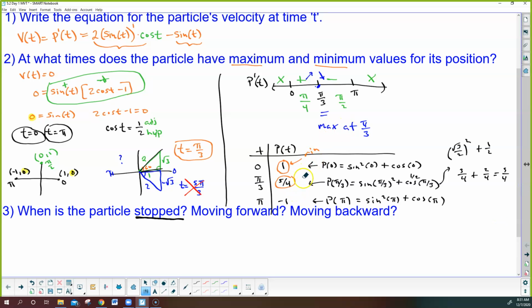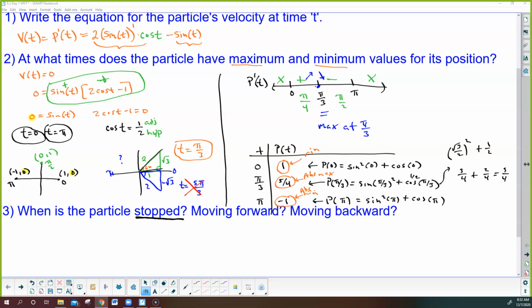We already know that this is a max, but now we just prove that 5/4 is the largest number. So that's the absolute max. And then we're decreasing past that. We know the slope, so it's decreasing all the way until I get to -1, which makes this a minimum. And actually, of everything on here, it's the lowest point, so that's the absolute minimum.